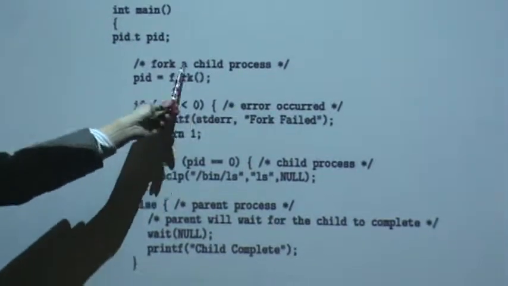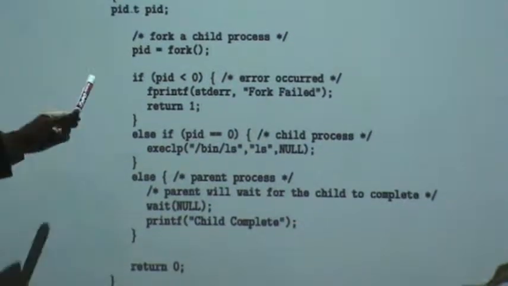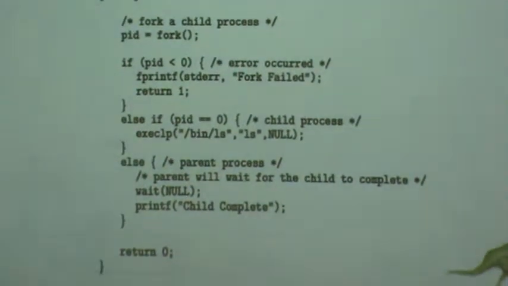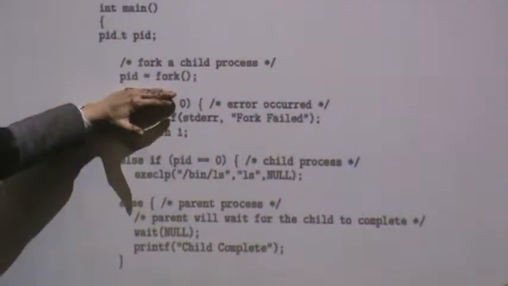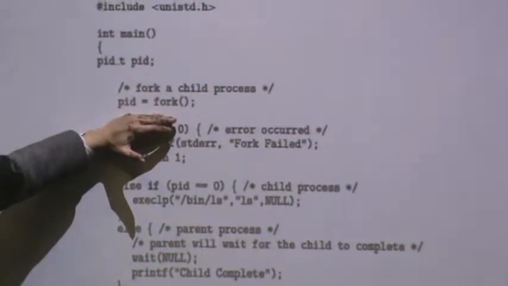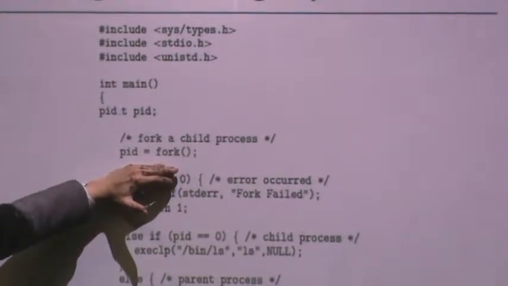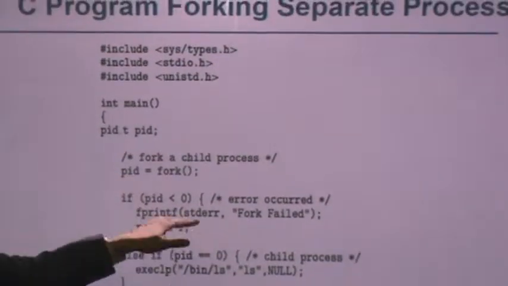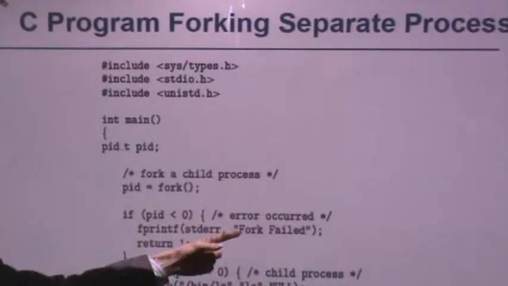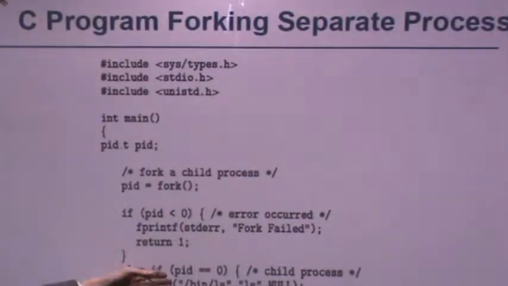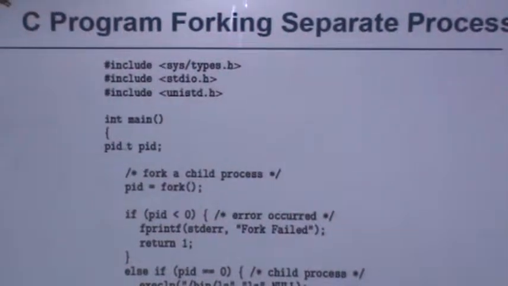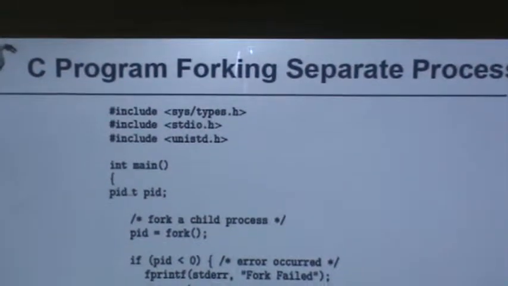For example, the fork system call returns a process ID. Sometimes you cannot create the child process, due to lack of permission or lack of resources, and the returned PID is a negative code. Then it's an error.